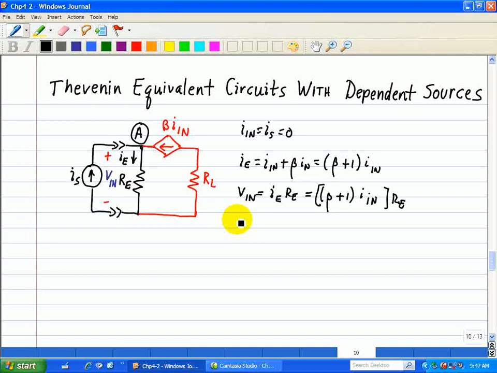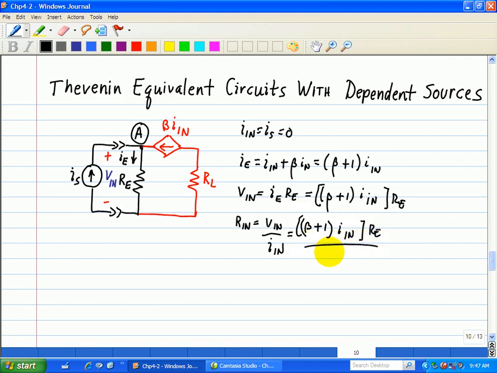Now we solve for R_in, which is basically the input voltage V_in divided by the input current I_N. We already solved for V_in right here, which is just (beta plus 1) I_N times R_E all over I_N.